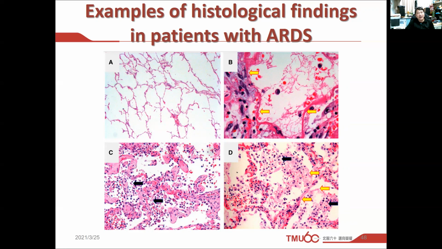So during ARDS, you will see a lot of neutrophils, a lot of white cells migrating from the vessel into the tissue. Okay, those infiltrations will lead to a cytokine storm and cause failure of the lung and the death of lung cells. Okay, that's a major reason that causes ARDS and the death of the patient.